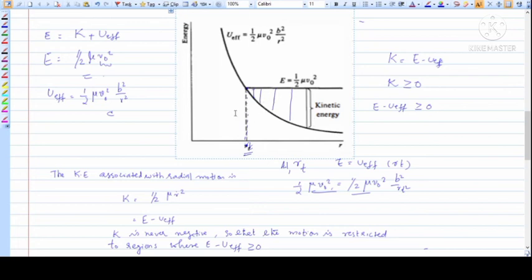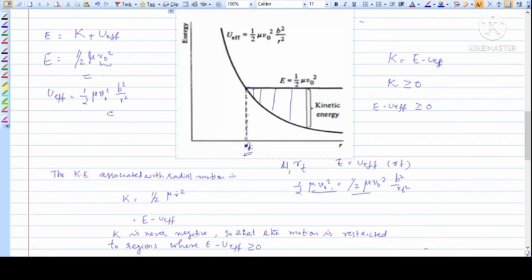The particle reaches the barrier potential U effective and bounces off. It again moves in this direction, that is, R is increasing.